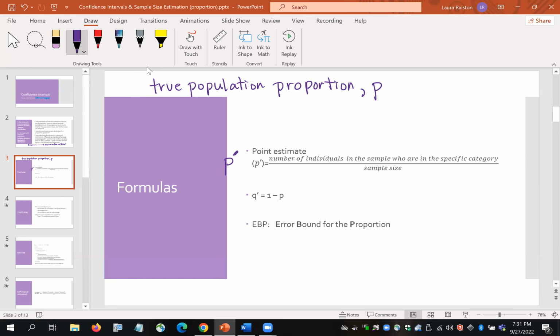And again, that little tick mark indicates to the reader that this is an estimate versus the true.